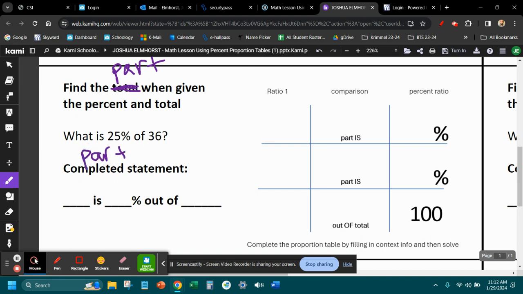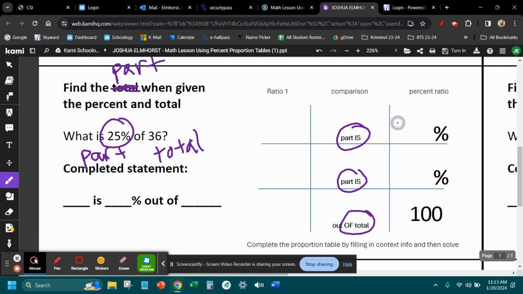I'm going to make this connection here. When the word is talking about the part, and is out of the total, we're going to make a connection to the total of, and the parts are or is out of the total. So what's some given information here? It says what is 25% of 36?